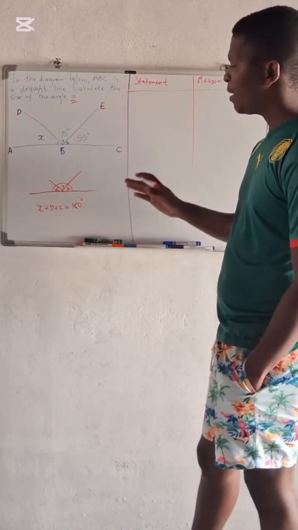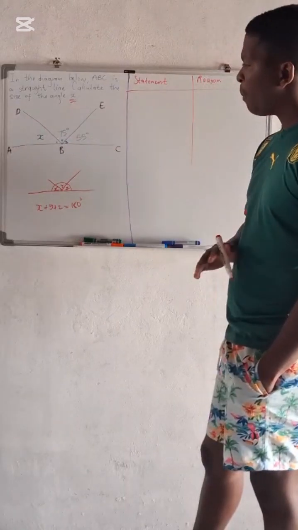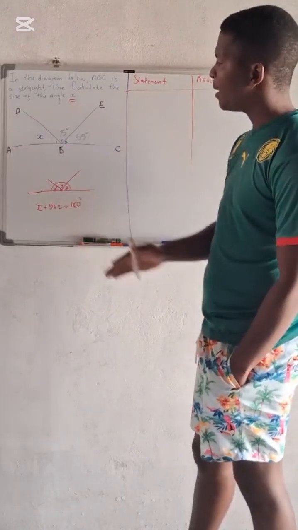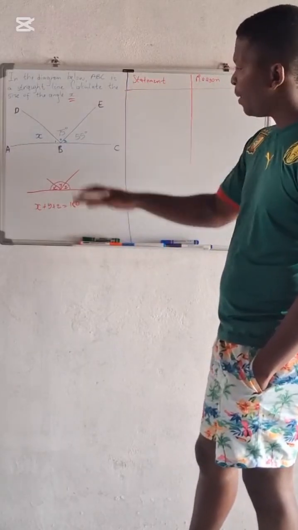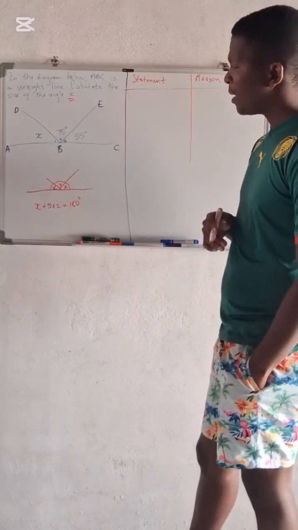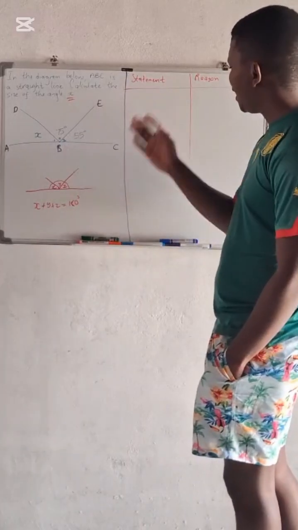Please, do not lose these marks. It's a simple question. You're only given one property here, which is angles on a straight line. So don't lose such marks. Unless a diagram is complicated, you are susceptible maybe to losing marks. But with this one, it's easy.